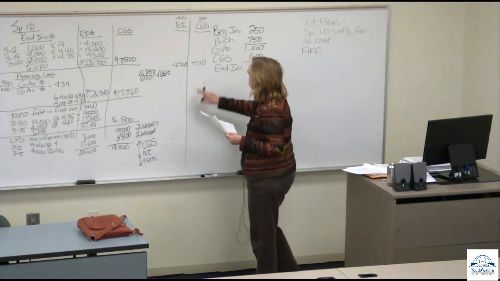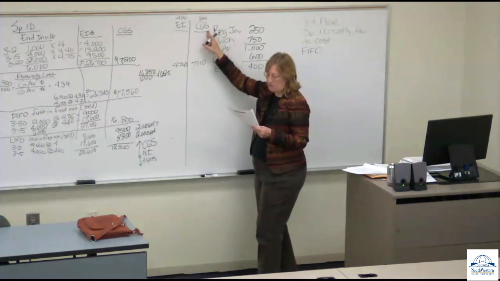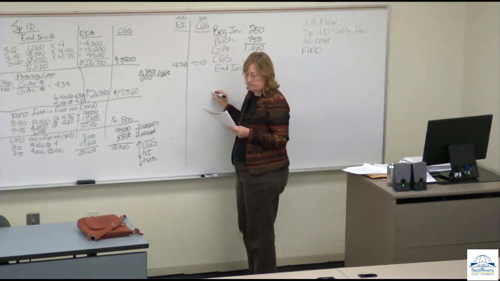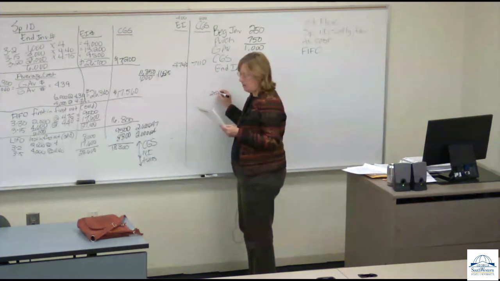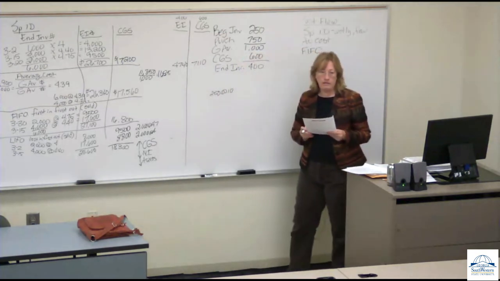And we want to come up with 600 of those, right? 600 of the first ones in. So where do we get that? 250 of those first ones at 10, right? Do you see where I'm going?